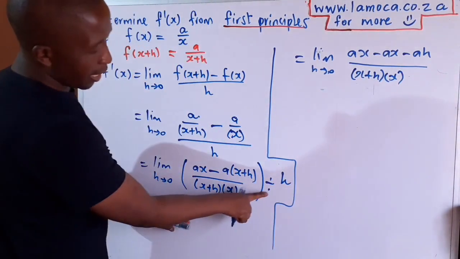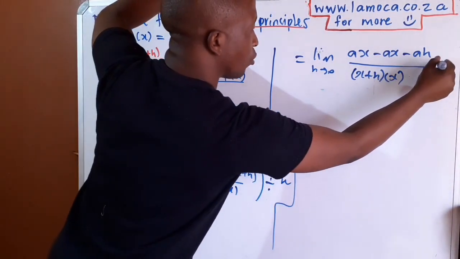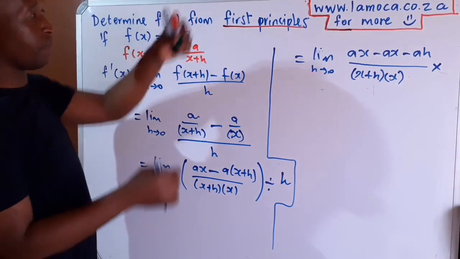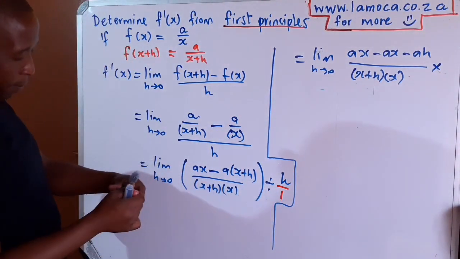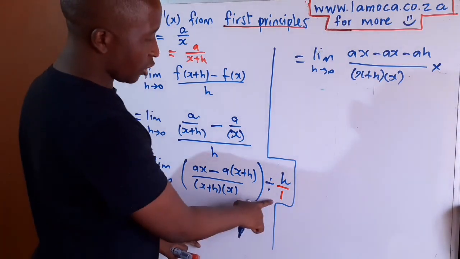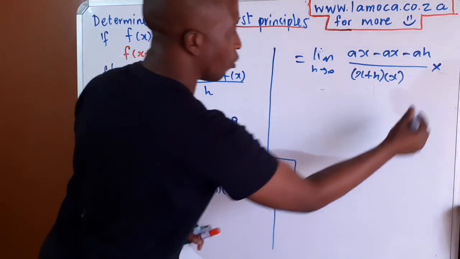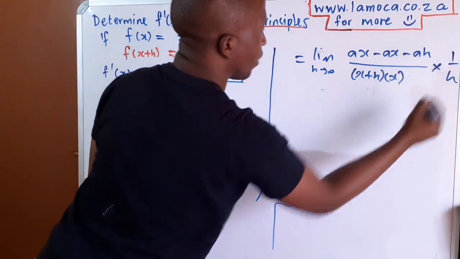And then it says divide by h, so I'm going to change that to multiply and apply the concept of tip and times. We know that h is as good as h over 1. So if I apply tip and times by changing division to multiplication, it's going to be 1 over h.